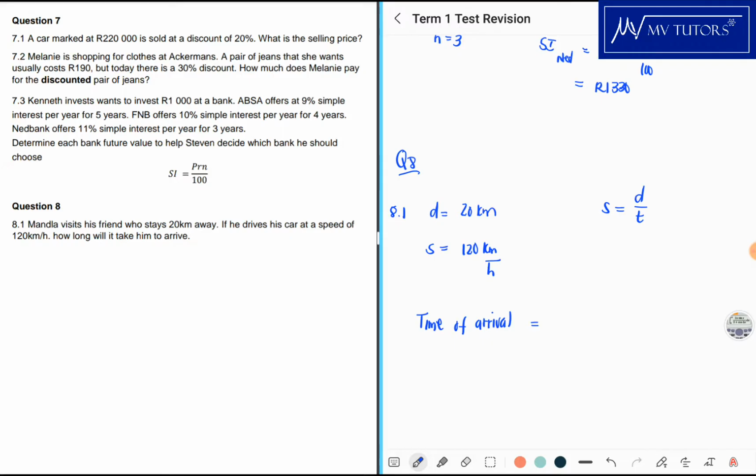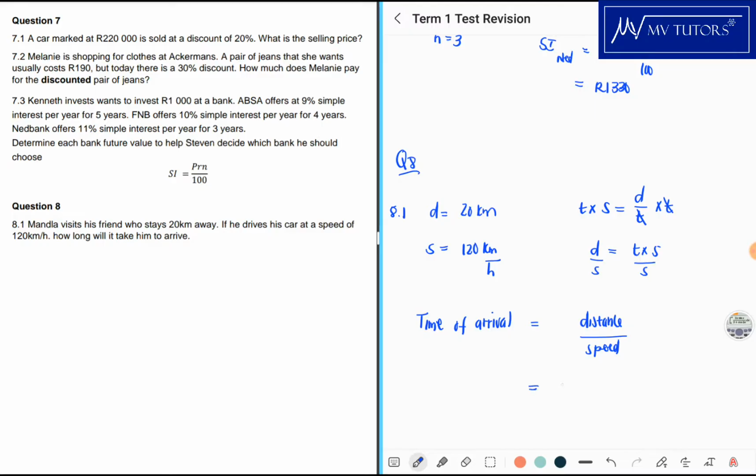So if I'm looking for time, I multiply both sides by time, so these two would cancel. I have distance equals time multiplied by speed. But if I want time alone, I will have to divide by the speed on both sides. So the distance divided by the speed gives me the time.